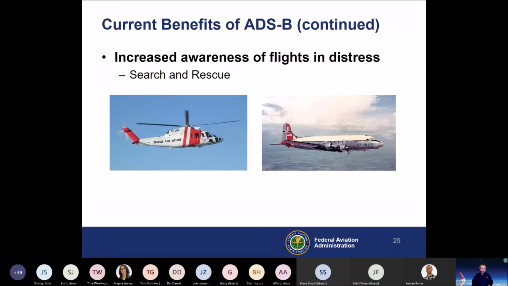Using Aireon, a space-based ADS-B provider that has a service called Aireon Alerts, which we branded FAA Alerts, but it's the same thing. What it does is provide the last known location of an ADS-B equipped aircraft anywhere, really, and that can be provided to search and rescue immediately.